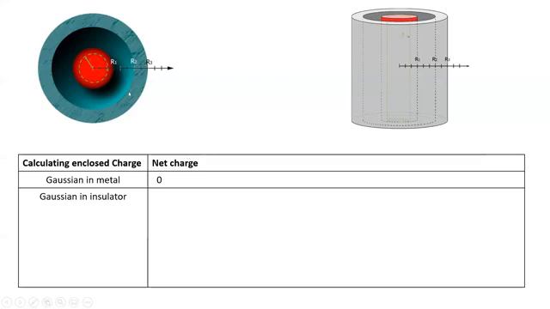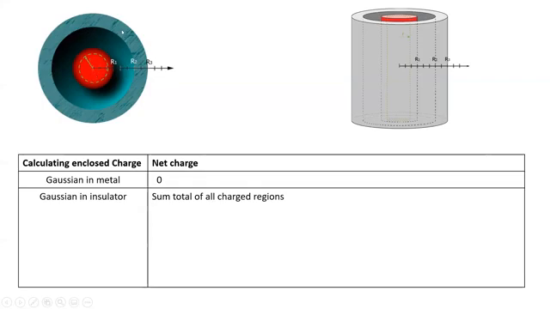If the Gaussian pillbox is inside of an insulator, then you'd have to take the sum of all the charged regions. For instance, it's pretty easy if the Gaussian pillbox is inside, let's say, this sphere, and the sphere is an insulator. I would just figure out what that is, and we'll talk about that in a second.